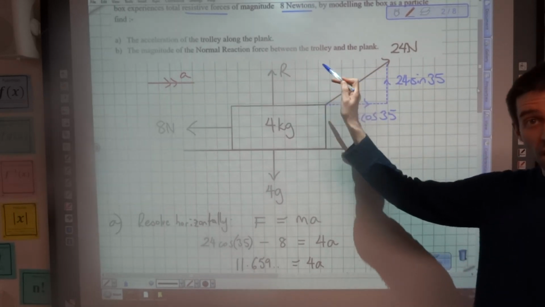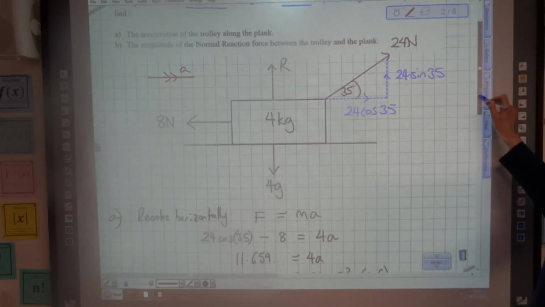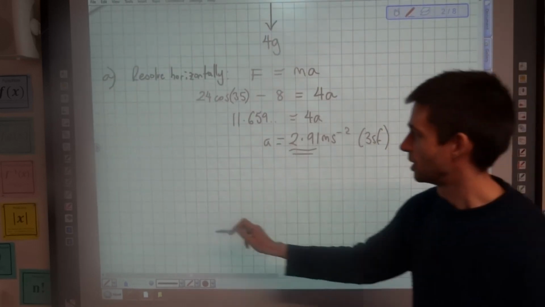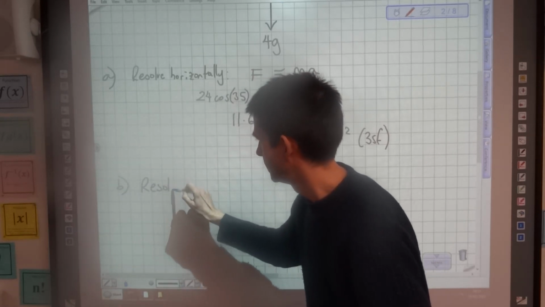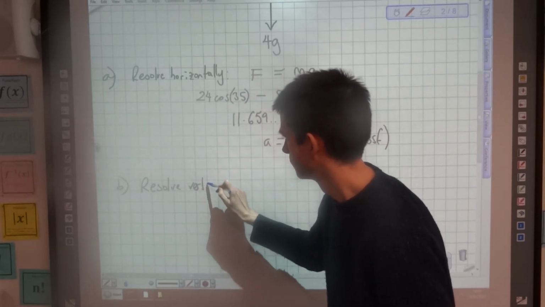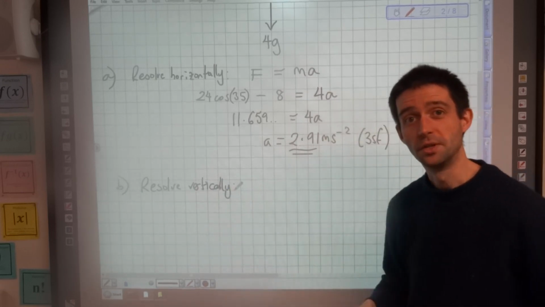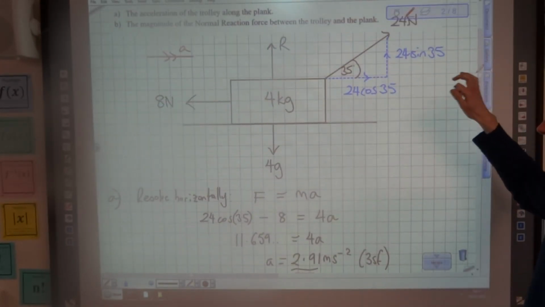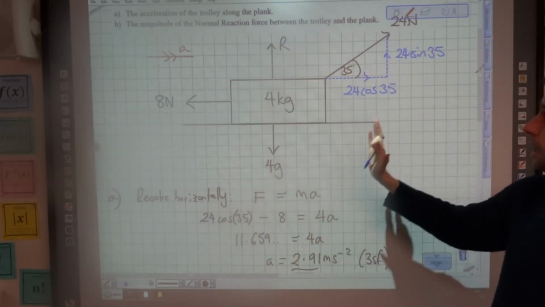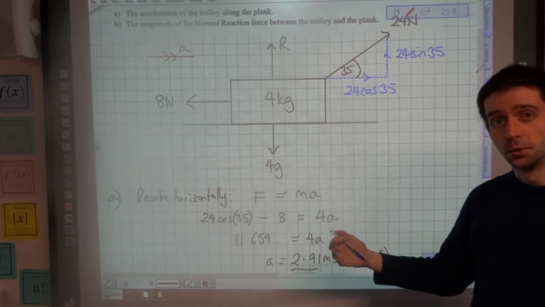That's this force R, and to find it I need to resolve vertically, considering all the forces acting either straight up or straight down. Because the particle is only moving horizontally, it's in equilibrium vertically, so up equals down.